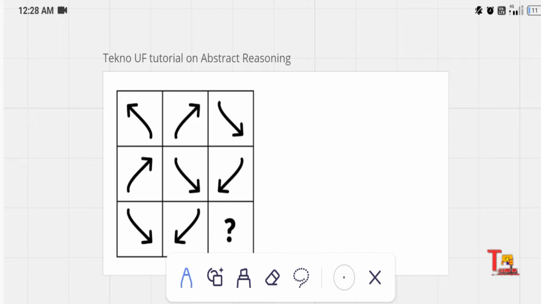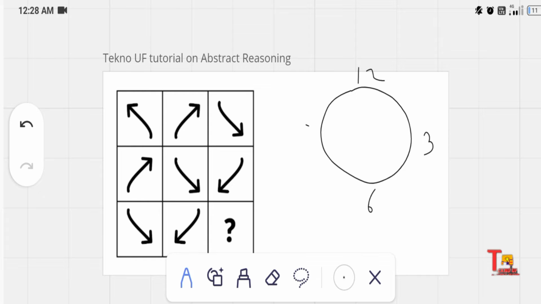This is actually rotating type abstract reasoning. That is the logic behind the problem. Just draw an image like this block and look at the figure.